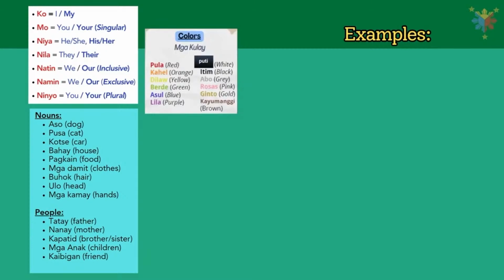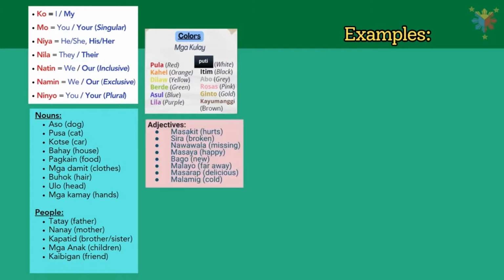Pula is red, kahel, orange, dilaw, yellow, verde, green, azul, blue, lila, purple, puti, white, itim, black, abo, gray, rosas, pink, ginto, gold, kayumangi, brown.